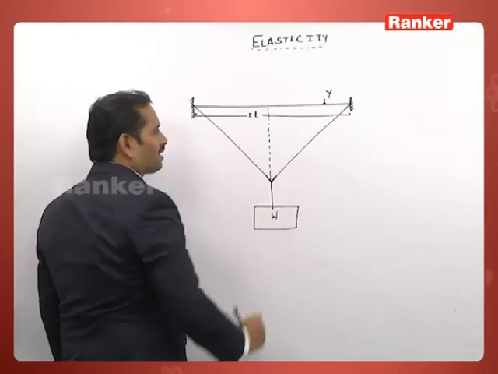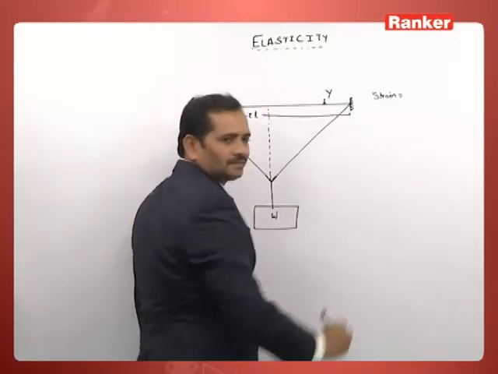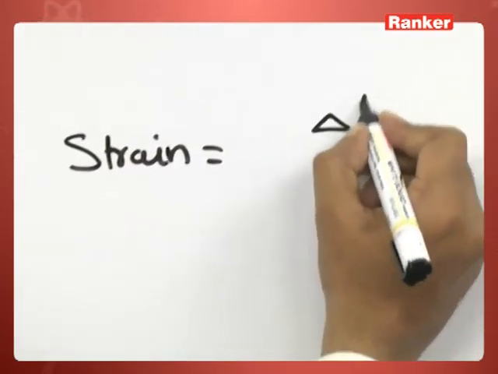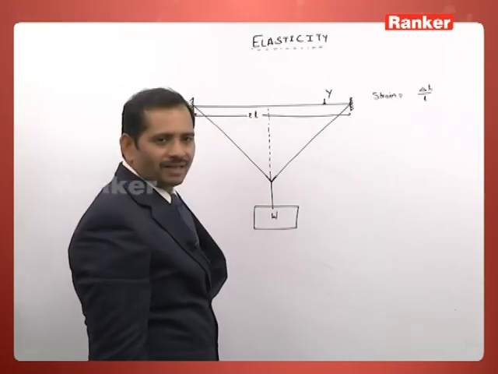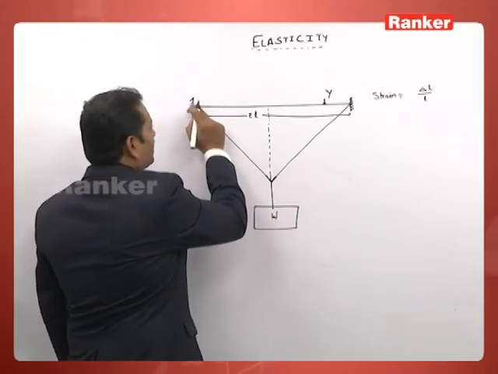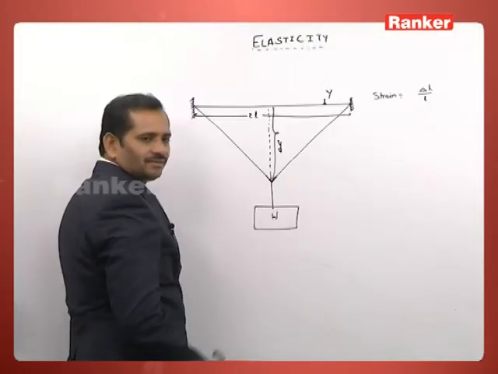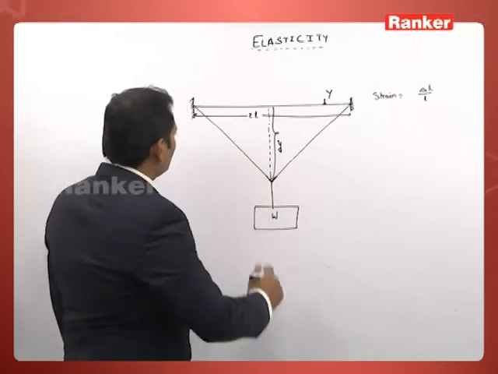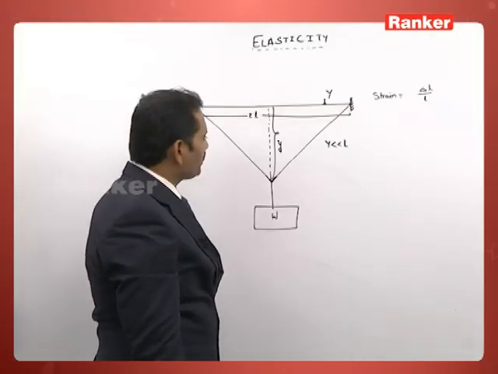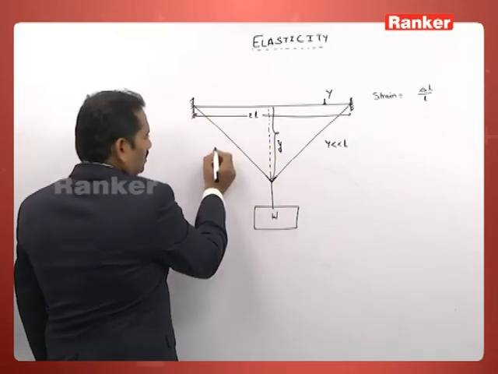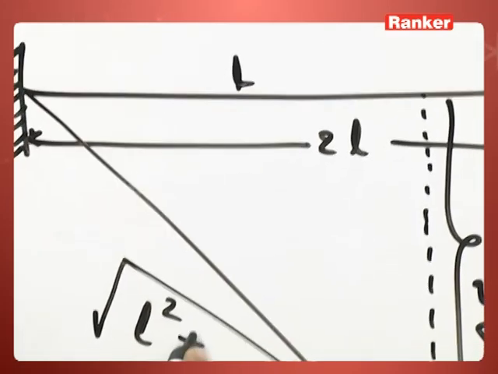Strain equals change produced per unit length, delta L by L. Let us suppose this is the length L. The extension in the wire is y along the y direction, where y is very much smaller than L. From Pythagoras theorem, the side length is square root of L square plus y square.